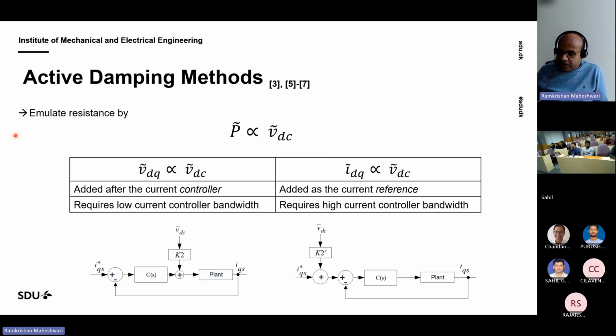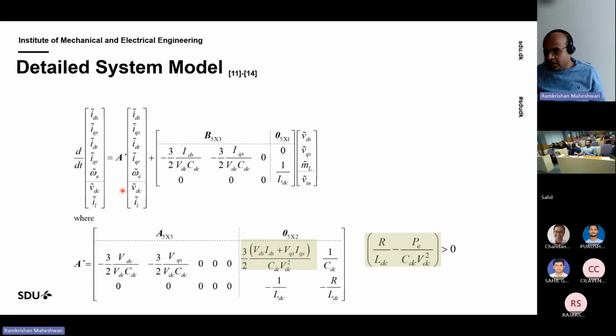What we have done, we have injected the DC link voltage disturbance in the machine voltage DQ axis component, and then tried to model a detailed model and see what should be the value of this gain. So we did this detailed system model.